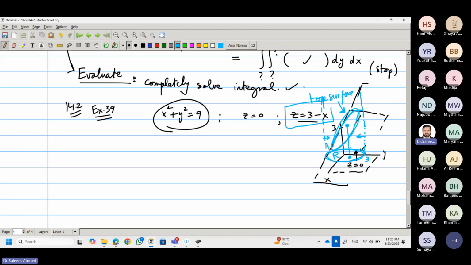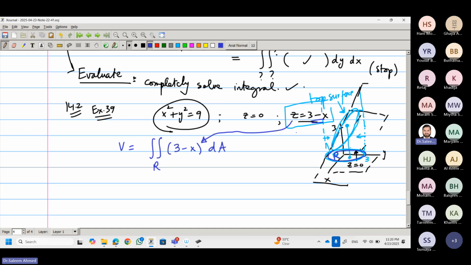So my top surface has to be integrated. My volume will be the double integral over the region R, where R is this region in the xy plane, of my top surface, z equals 3 minus x, dA. This is my f(x,y) now.